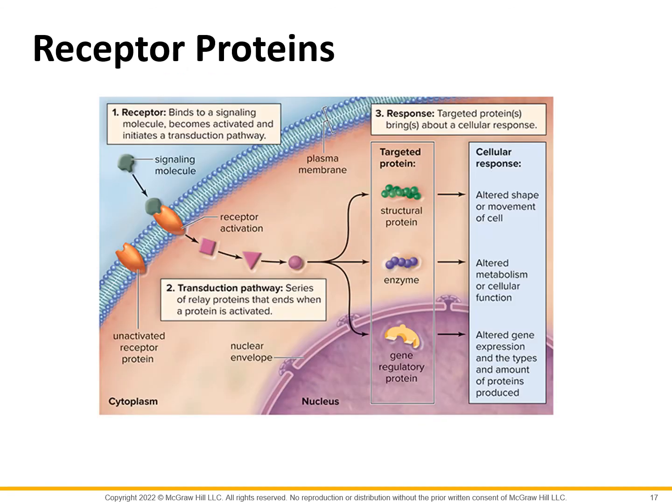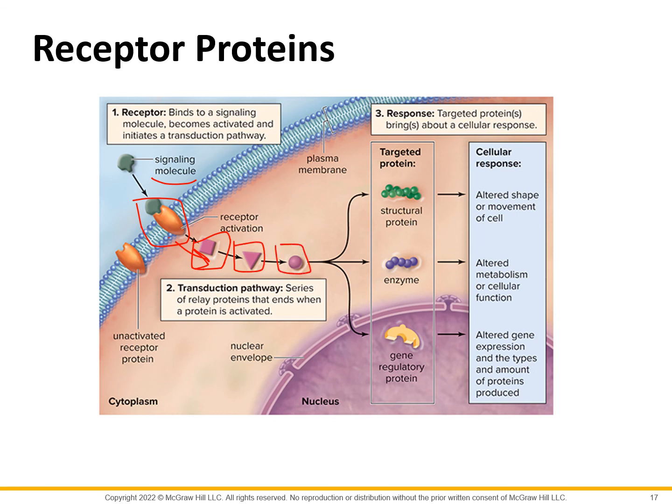Signal transduction is the process by which a cell receives a signal and then transmits that signal to the inside of the cell to generate a response. So this process involves first a signal molecule binding to a particular receptor, and then that transmembrane protein catalyzing a reaction, and often it involves several steps, and this is called the transduction pathway.